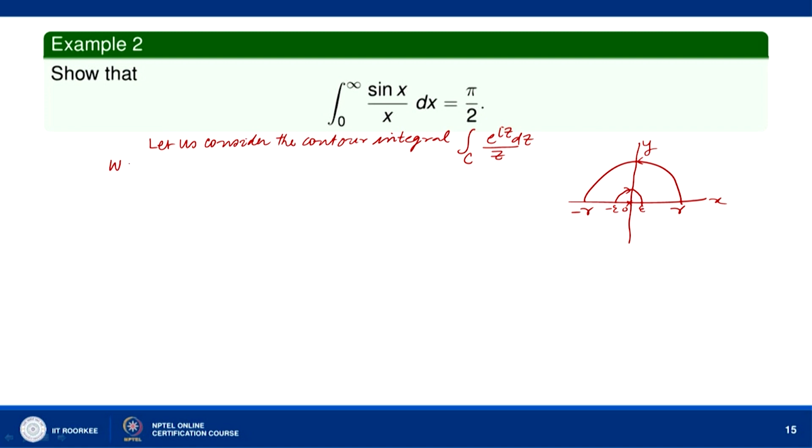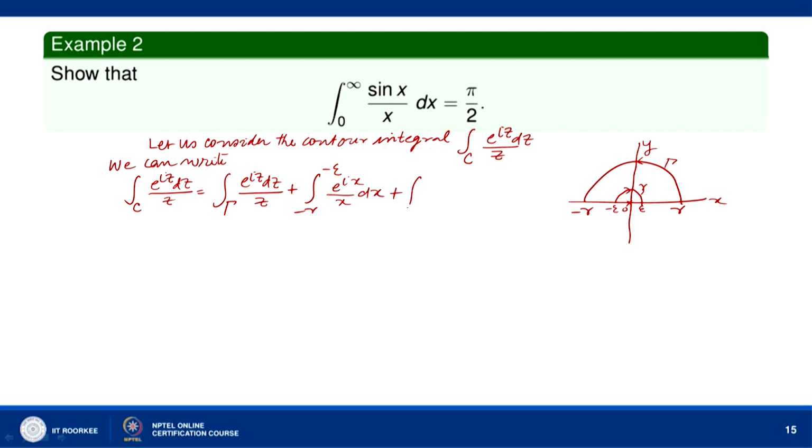We can write the integral over C of e to the power i z dz divided by z equal to the integral over gamma, this is gamma, this is small gamma, of e to the power i z dz divided by z, plus the integral from minus r to minus epsilon, because e to the power i z over z has a singularity at z equal to 0, of e to the power i x over x dx, plus the integral over small gamma of e to the power i z over z dz, plus the integral from epsilon to r.